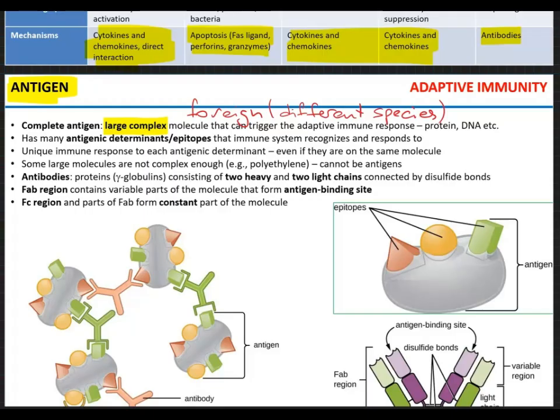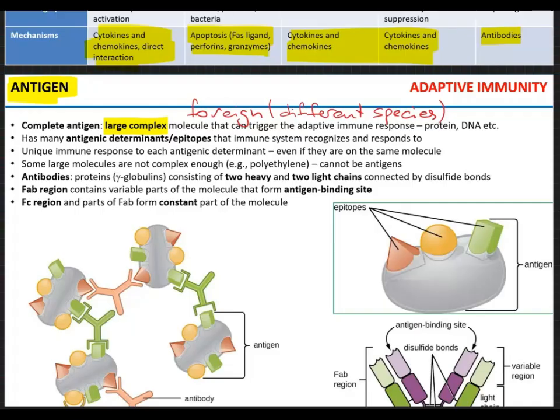Now, some examples of the molecules that are large and complex but aren't foreign. All people in this room belong to the species Homo sapiens, unless I don't know something about some of you. If I collect your blood and isolate the protein albumin from your blood and inject it into my blood, I will mount no immune response because we belong to the same species.